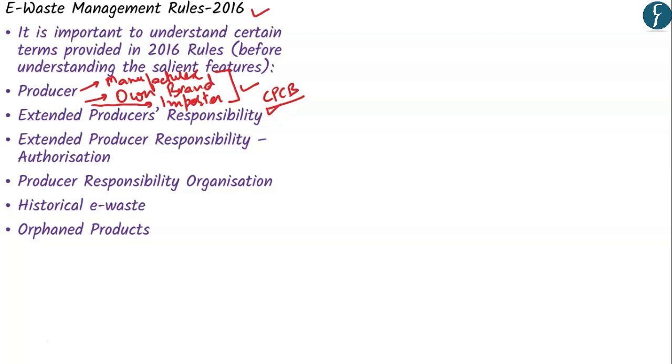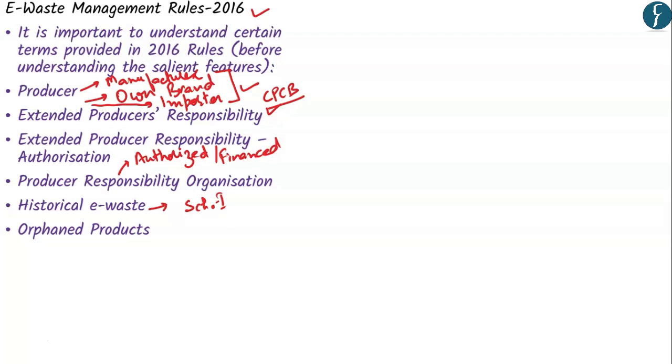Producer responsibility organization means a professional organization authorized or financed collectively or individually by producers which can take the responsibility for collection and channelizing of e-waste generated from end of life of their product to ensure environmentally sound management of such e-waste. Historical e-waste means e-waste generated from electrical and electronic equipments as specified in Schedule 1, which are available on the date from which these rules came into force.